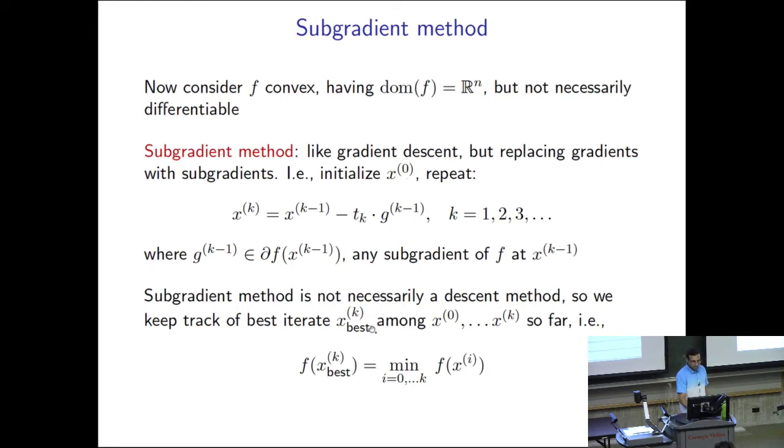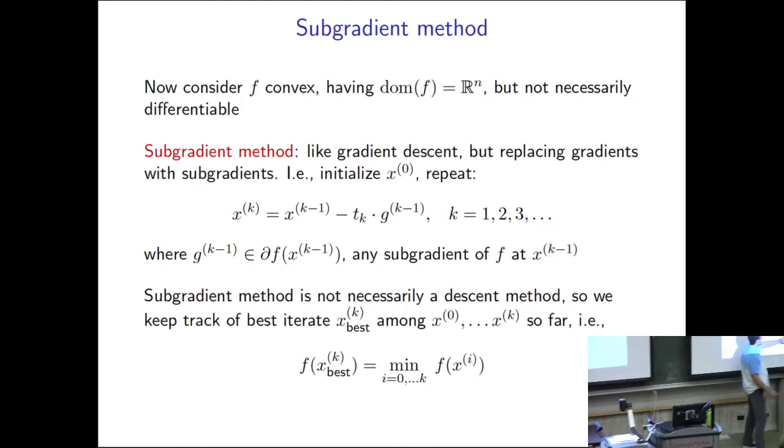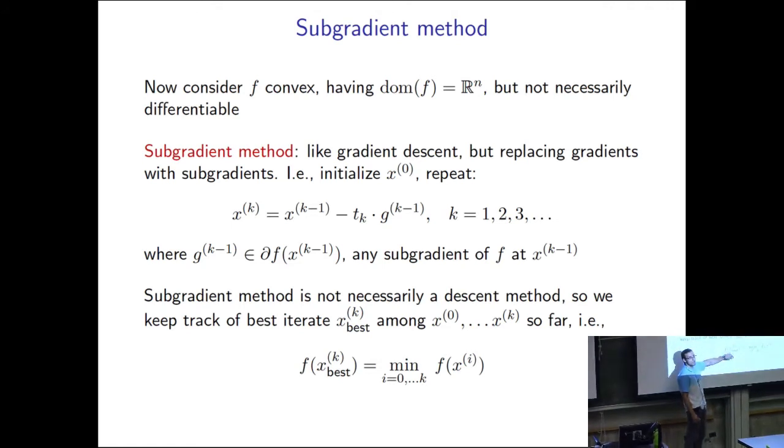So what we do is we keep track of the best iterate we've seen after k iterations in terms of the criterion value. So we keep track of the lowest criterion value, denoted f of x best superscript k. That's the lowest criterion value we've seen, and this x itself is the iterate that achieved that lowest criterion value.